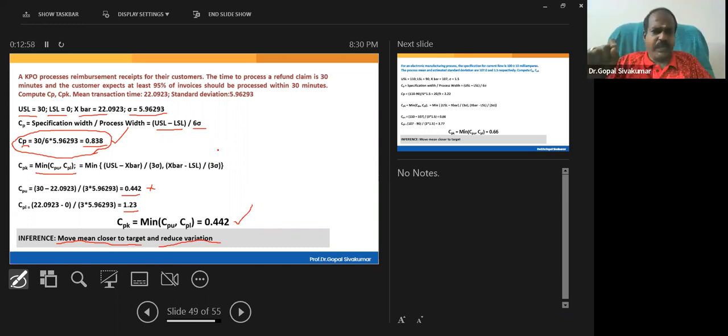When Cpk equals 2, it is equal to a sigma level of 6. When Cpk becomes 2, your process is doubly capable. When Cpk equals 1, your process is just capable. You remember I explained it: just capable means Cpk equals 1, doubly capable means Cpk equals 2.